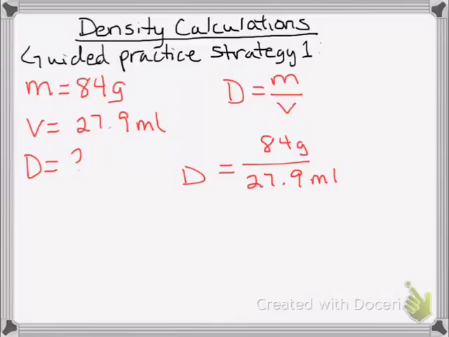Okay? And if we simply plug that into the calculator, 84 divided by 27.9, my density is equal to, let's go ahead and do 2 decimal places, which is the 100th place, 0.1 grams per milliliters. Okay?